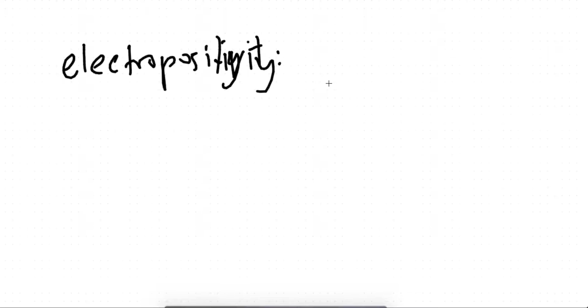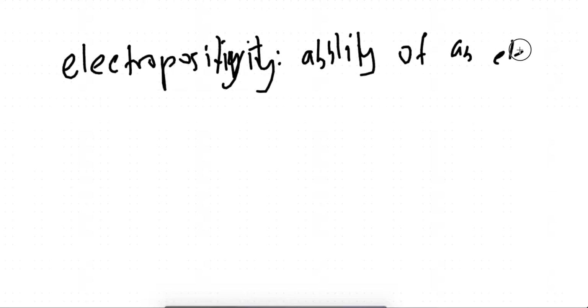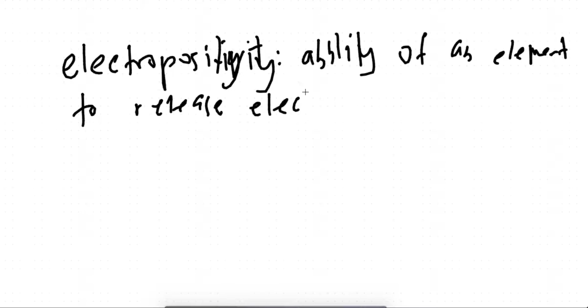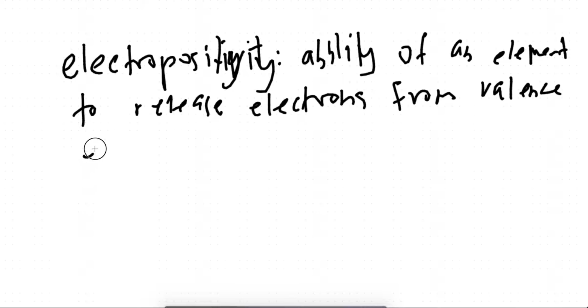Electropositivity increases as we go down the group. Electropositivity is the ability of an element to release electrons from the valence electron shell. Does this make sense, guys? Yes.